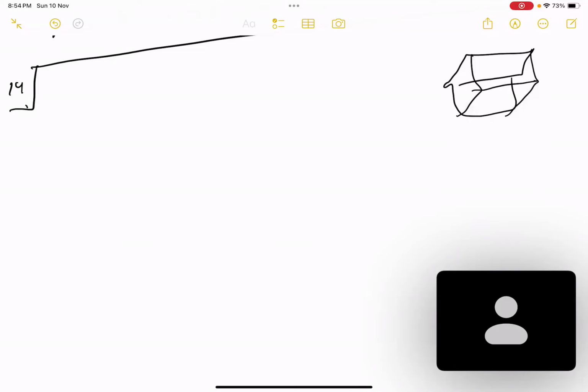Now we have to find the total area of 4 walls, right? This is the thing we have to find. So these are the 4 walls. Only for the 4 walls we have to find the area.